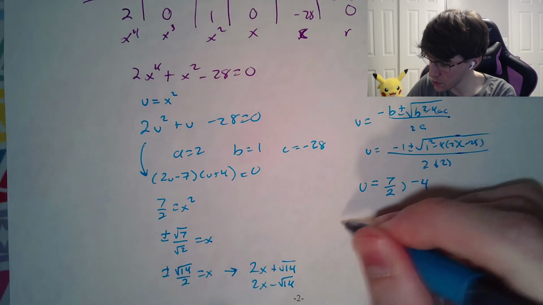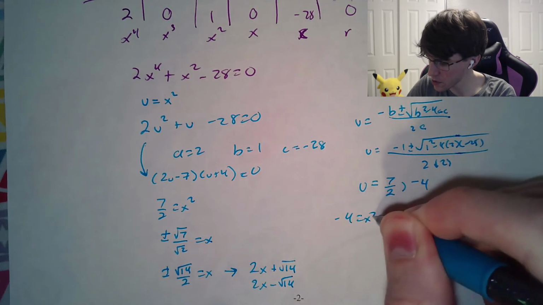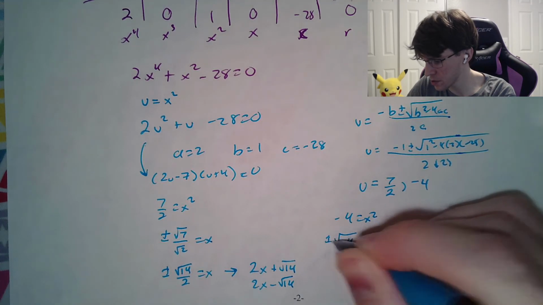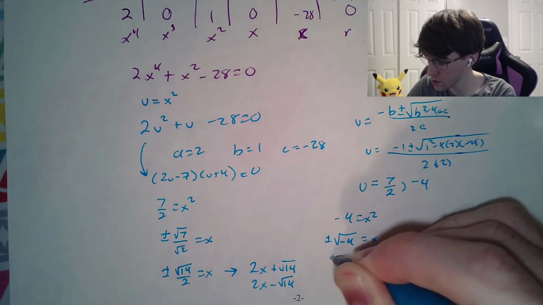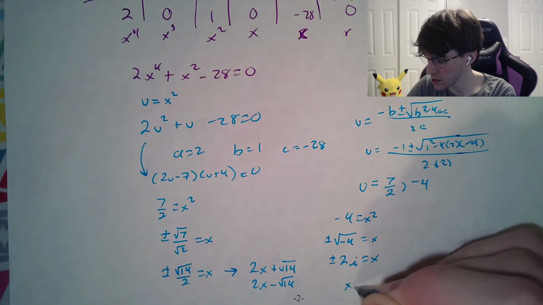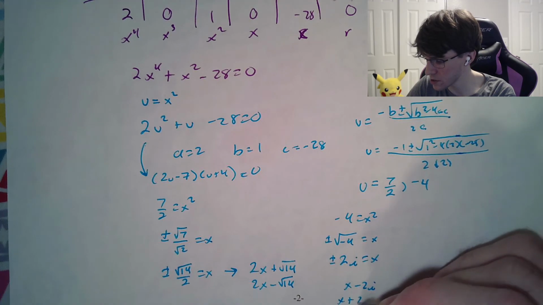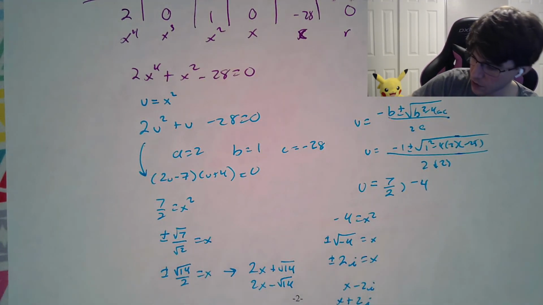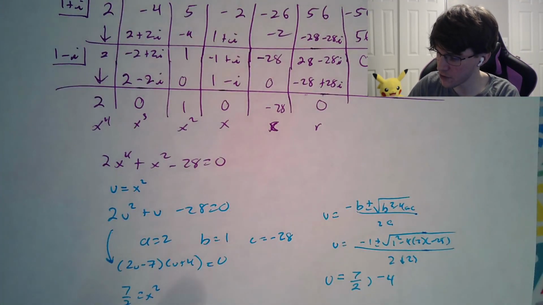For the situation where -4 is equal to x squared, when you take the square root of both sides, you get plus or minus the square root of -4 is equal to x, which is plus or minus 2i is equal to x, meaning that x minus 2i and x plus 2i are the factors. We are going to combine all of this information for the final answer.